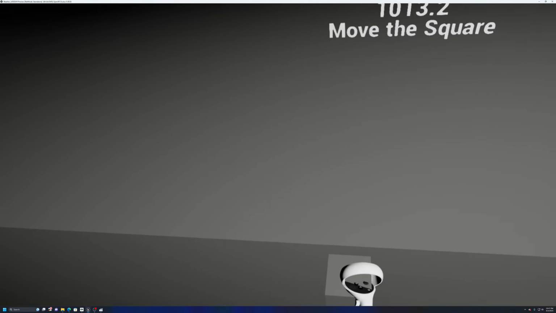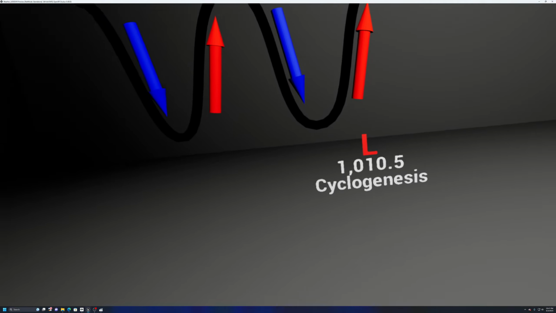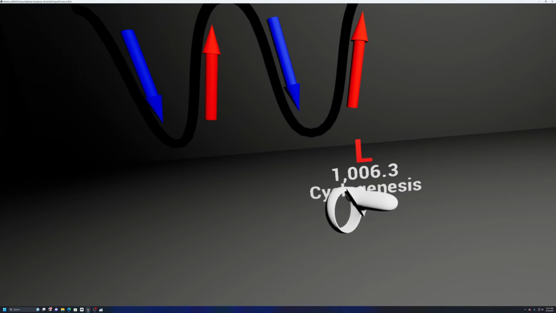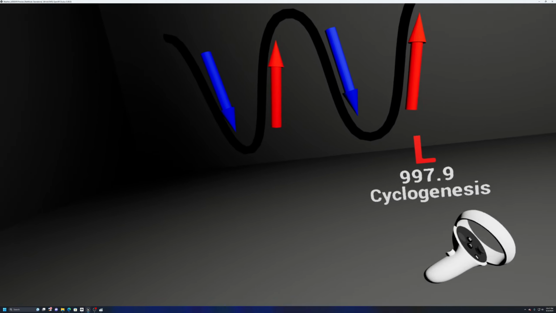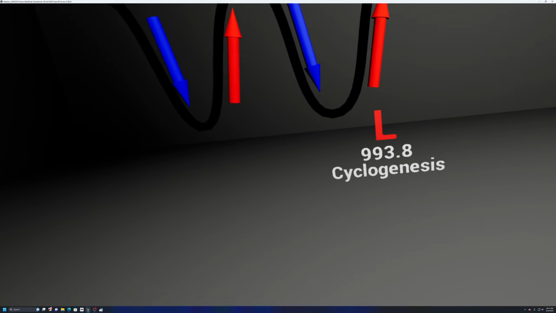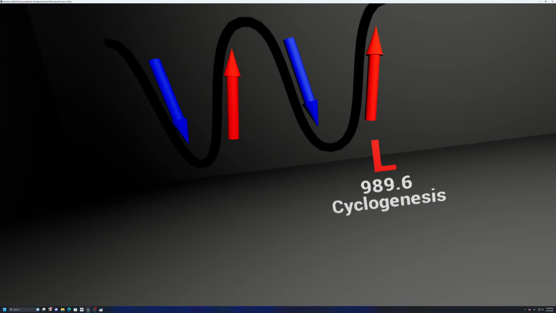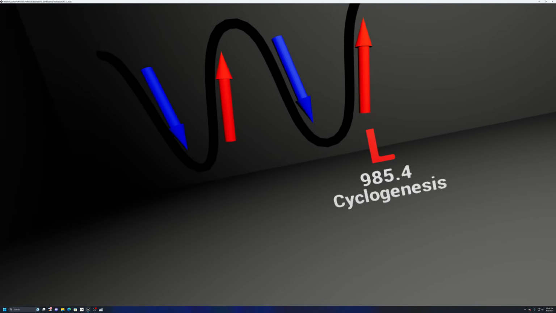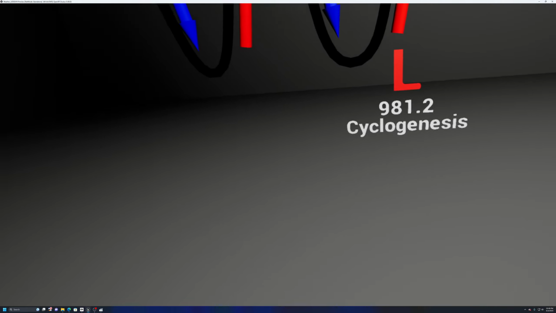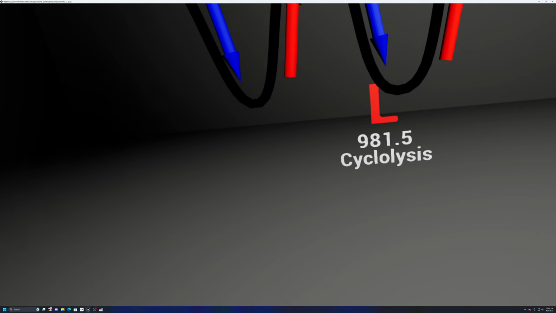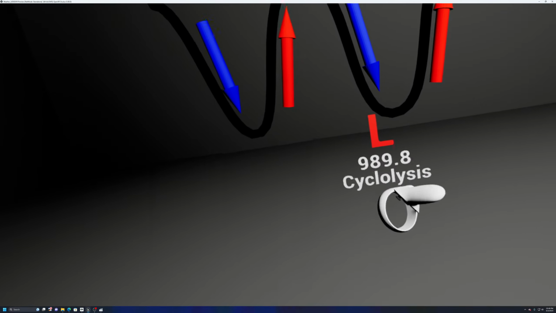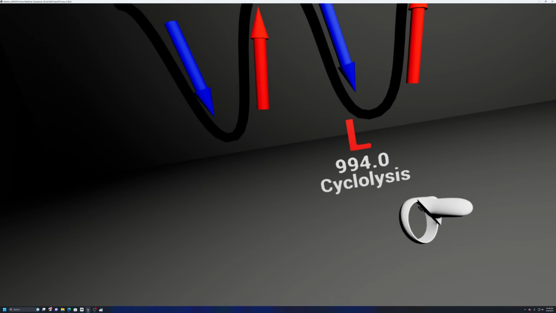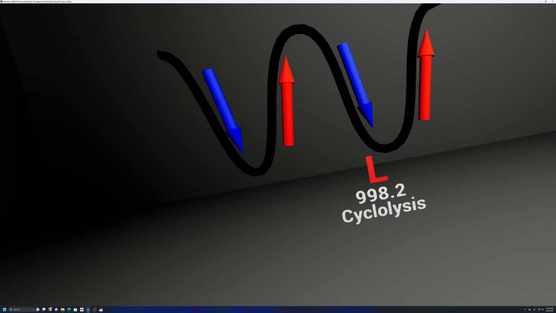All right, well, if I grab this and I start this little simulation, if we have upward vertical motion and that mass being taken up and out, we're going to get lower and lower pressure. Whereas if we move it downstream, it's going to get more and more pressure, and so it's going to go cyclolysis, and it's going to get weaker.